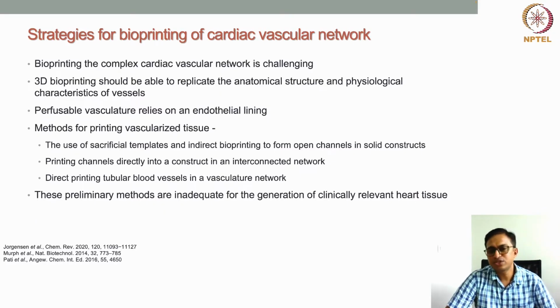In the first one I have selected, we look at bioprinting of a cardiovascular network, strategies for bioprinting a cardiovascular network. We have already discussed vascular tissue printing, where we covered various strategies. But in the cardiac muscle, the vascular network is highly complex, and it supplies blood, nutrients, and oxygen to the cardiac muscle, because the cardiac muscle is metabolically active and needs a lot of oxygen, since it is under contraction and relaxation all the time.